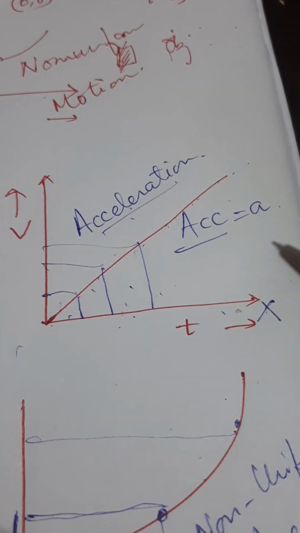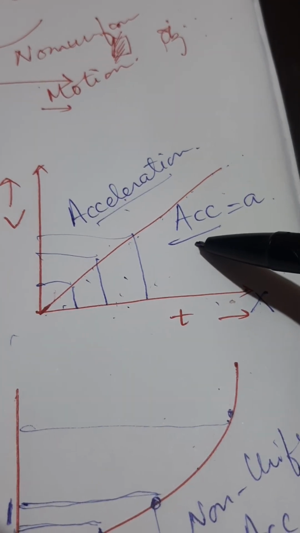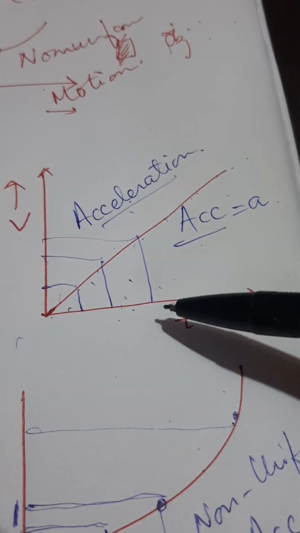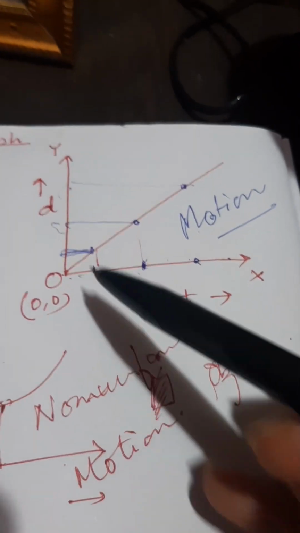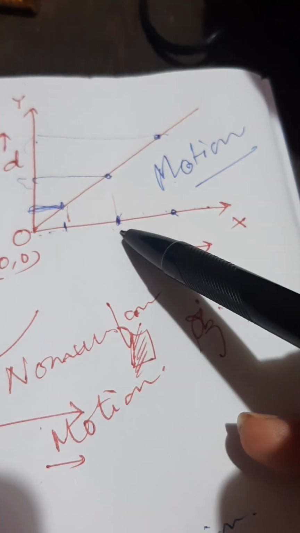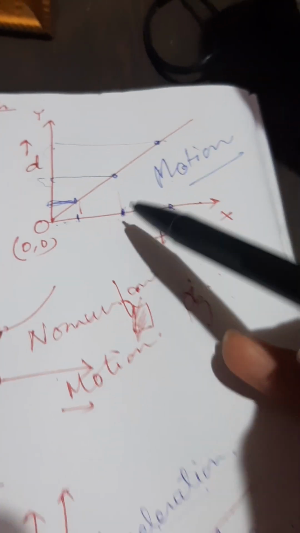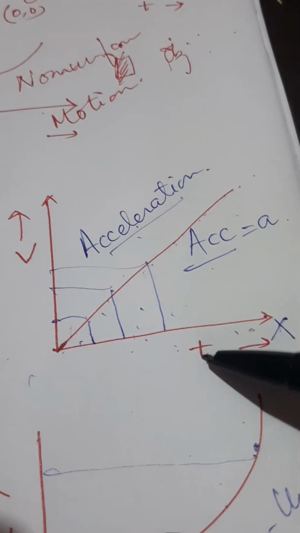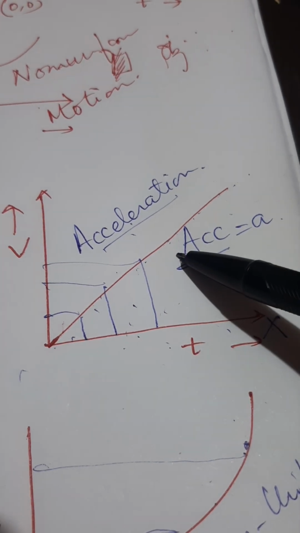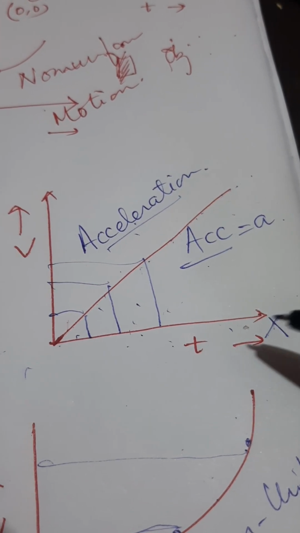I shall make a different video for that, on how to calculate acceleration from a velocity time graph, or how to calculate the velocity from a displacement time graph. The slope of a displacement time graph gives you velocity, and the slope of a velocity time graph gives you acceleration. I shall make a separate video for that with mathematical values.